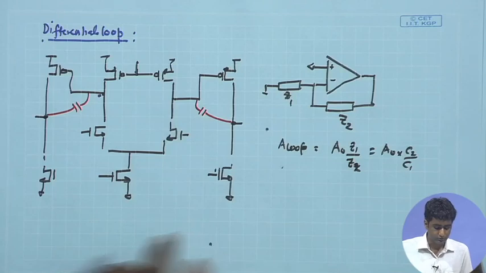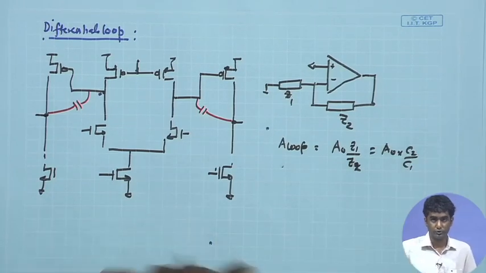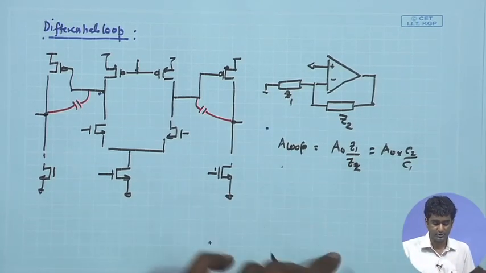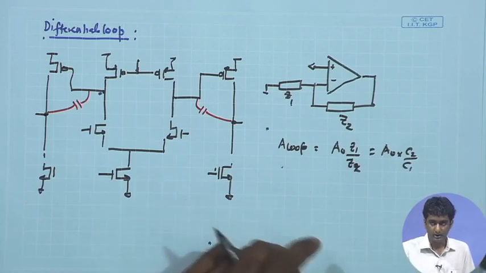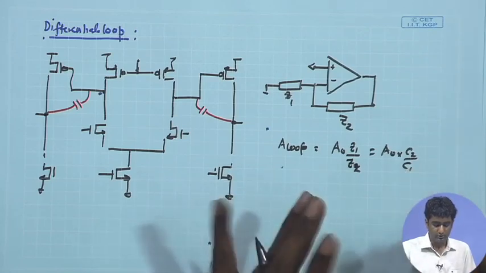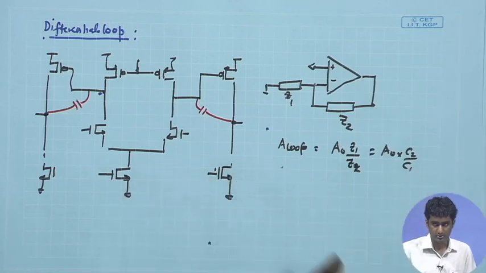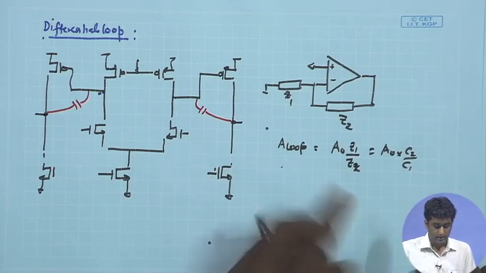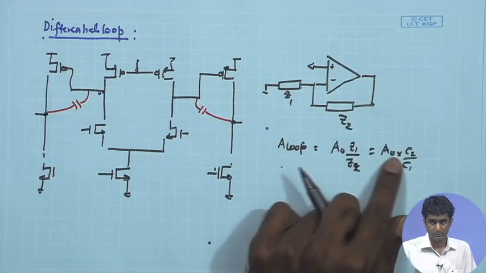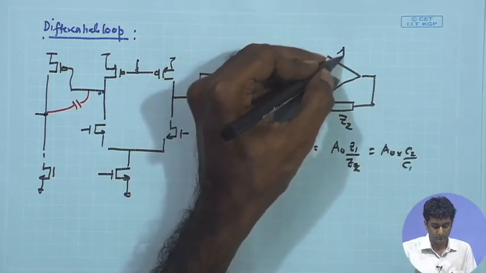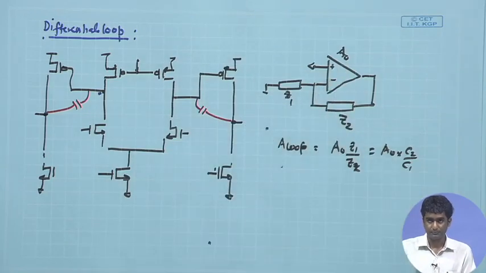If I call this C2 and C1, we know that C2 upon C1 we are choosing to be small because we want a large gain, maybe at least a few tens. So, it can be from 30 to 50 or even 100. So, we are choosing the C2 upon C1 ratio to be a small fraction, and as a result the loop gain is definitely much smaller than the open loop amplifier gain A naught that we are having.